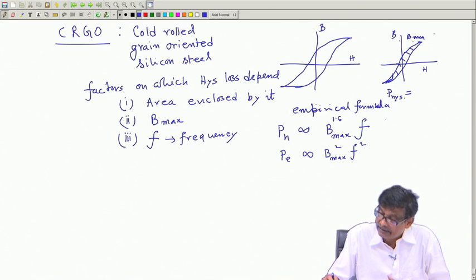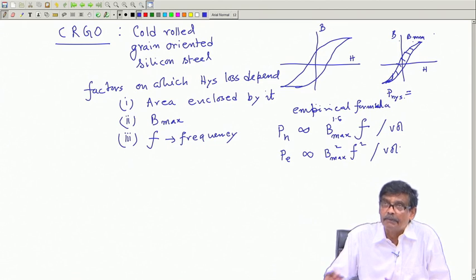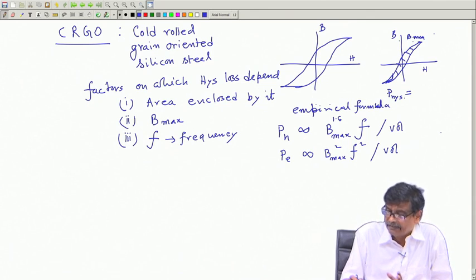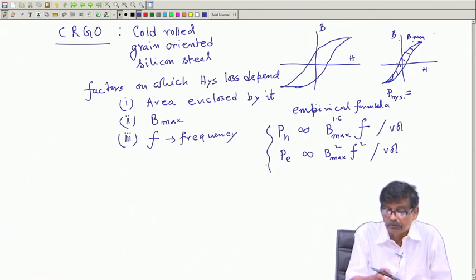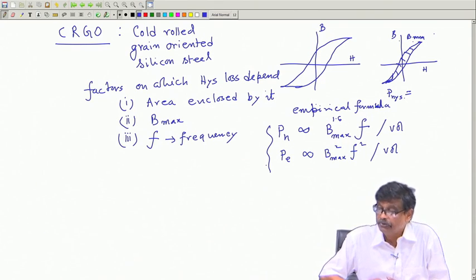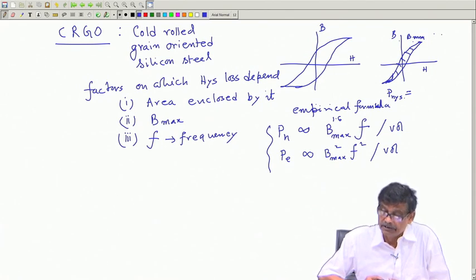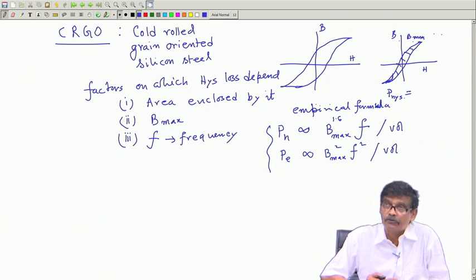But all these losses you write per unit volume, volume of the magnetic material, the core. So, this result at least we should remember, and also if you have the BH curve of the material available to you, then you can say much more accurately about the amount of hysteresis loss that is going to take place within the core of the transformer.